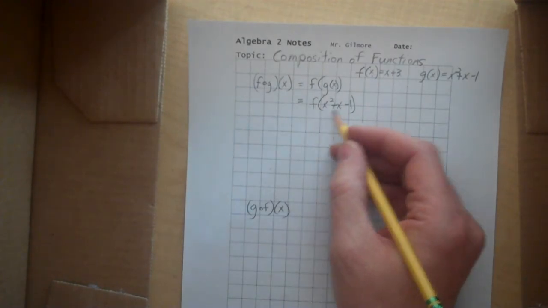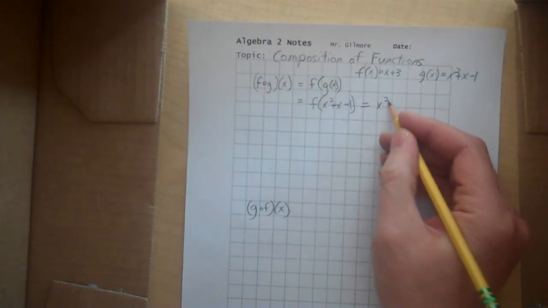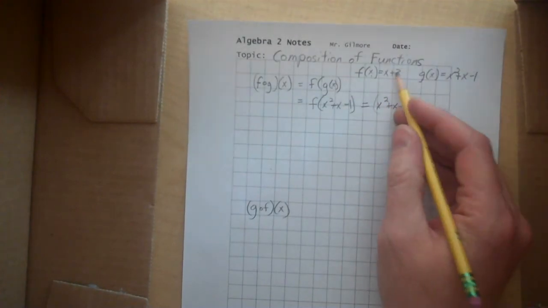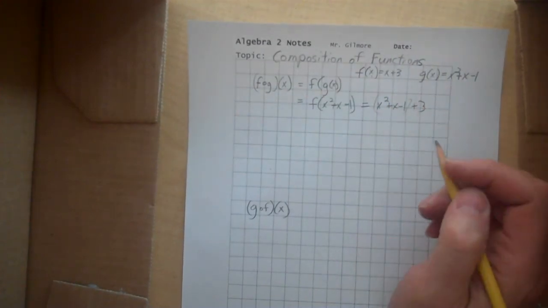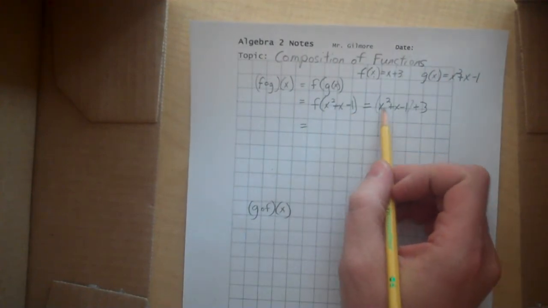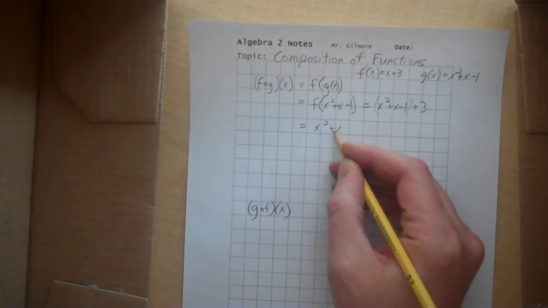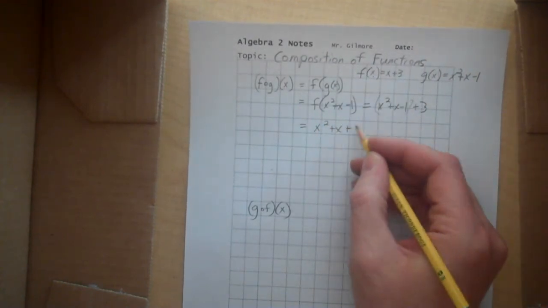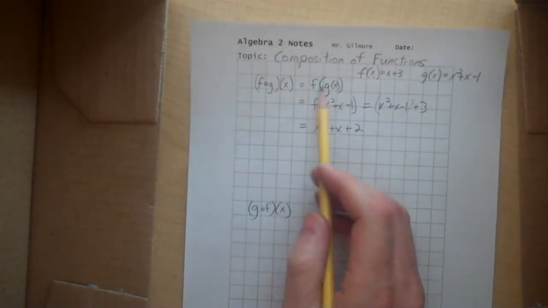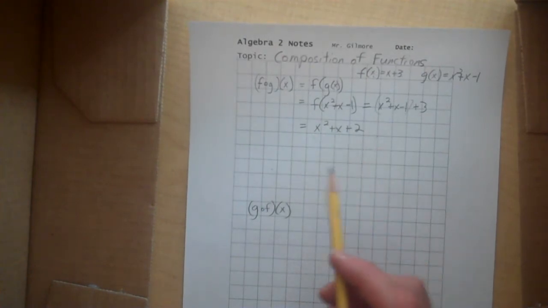So, we take what's in parentheses, x squared plus x minus 1, and we add 3 to it. So, x squared plus x minus 1 plus 3 is x squared plus x, negative 1 and 3 is positive 2. The composite function of f of g of x is x squared plus x plus 2.